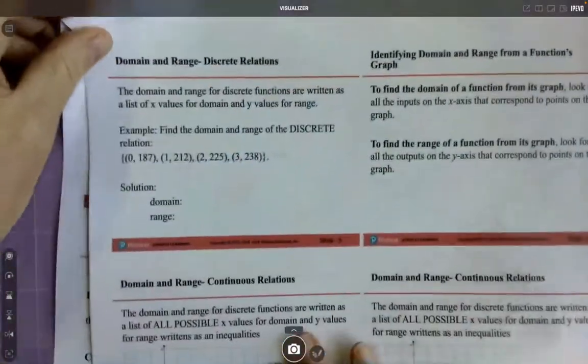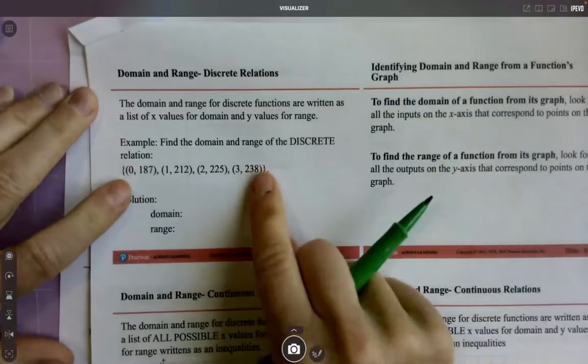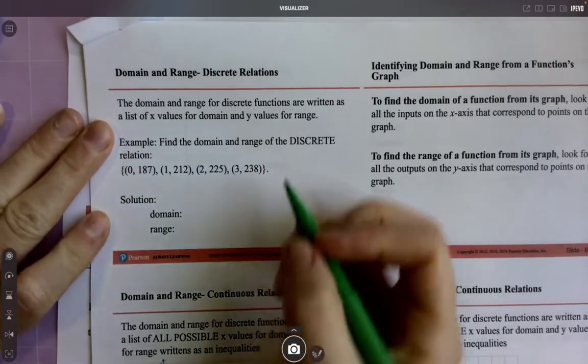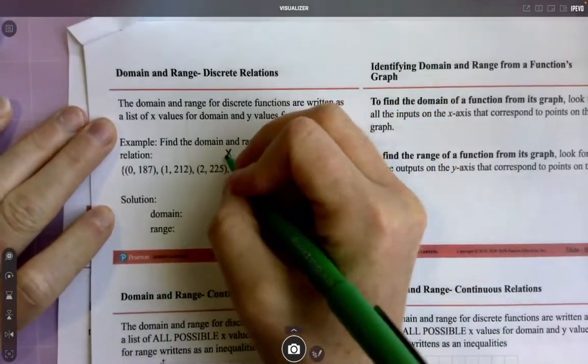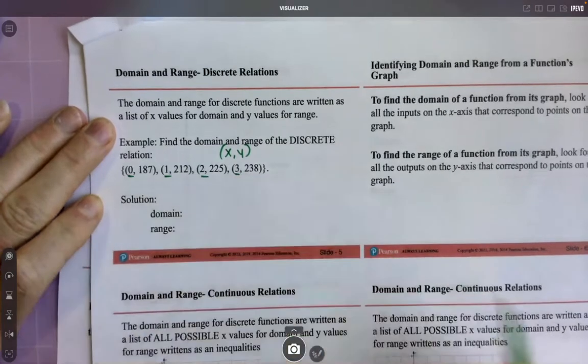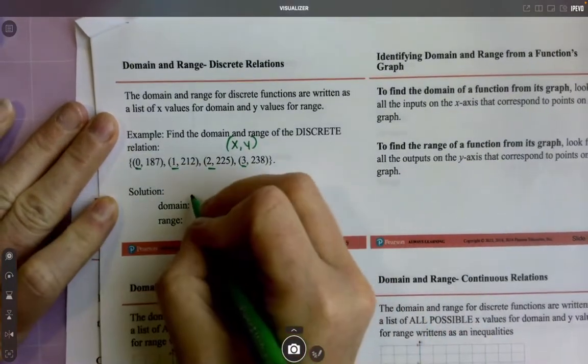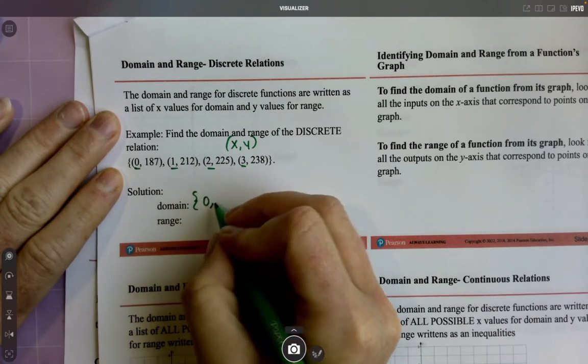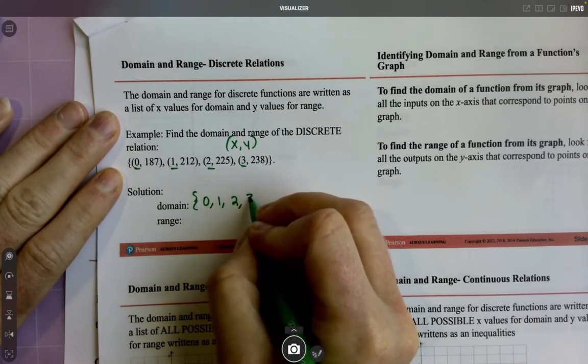Okay. So let's look at domain and range for a discrete relation. So this is a discrete relation. Domain is all the x values. So remember how we have x comma y. All of our x values is our domain. We write it as a list, a set, 0, 1, 2, 3.